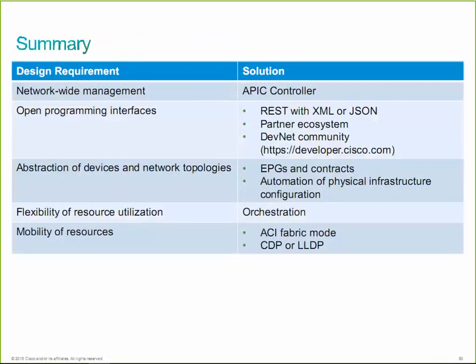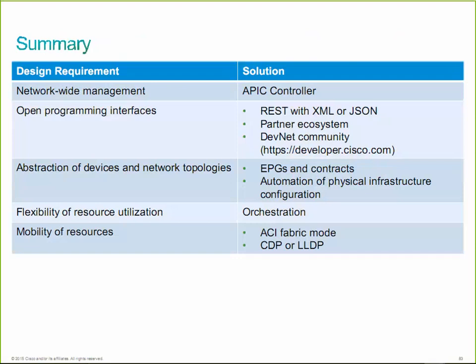So in this lesson, I guess we talked about various aspects of APIC and SDM, APIC-DC, and the tools that we use to do this. For example, the APIC controller for our network-wide management, our API open interfaces, REST with XML or JSON or partner applications.